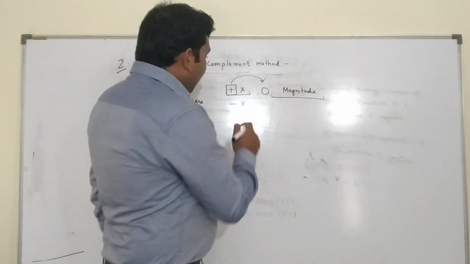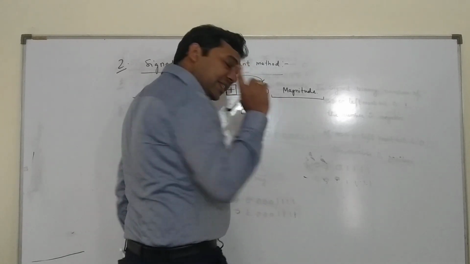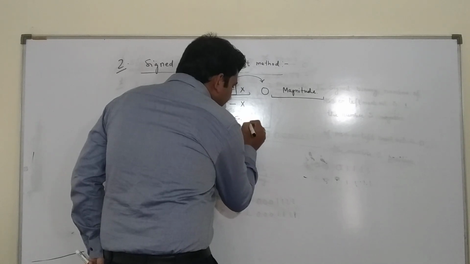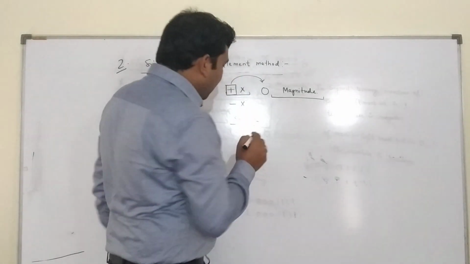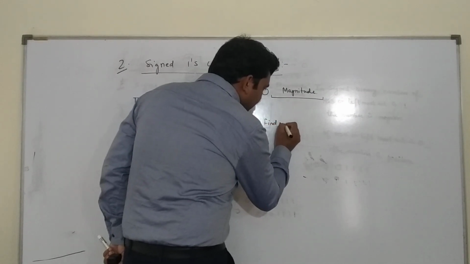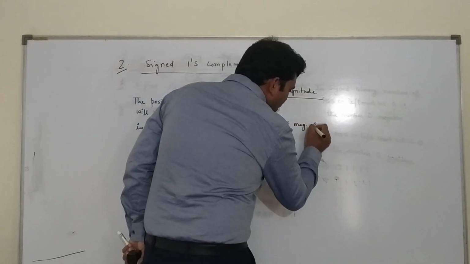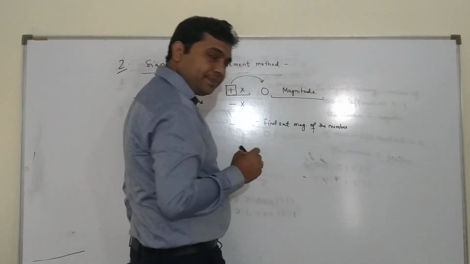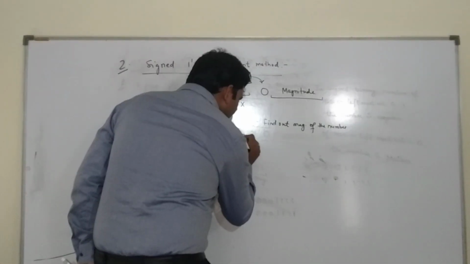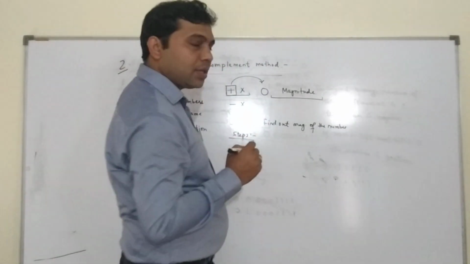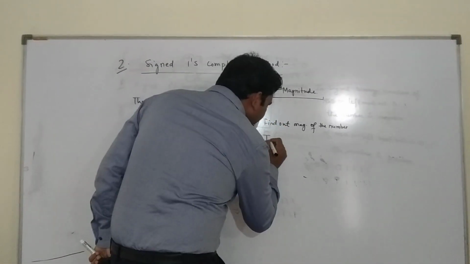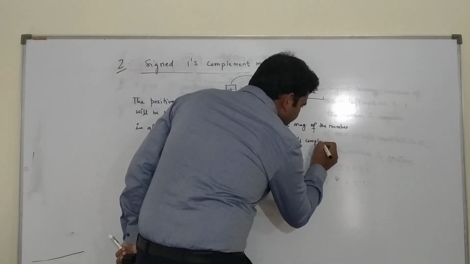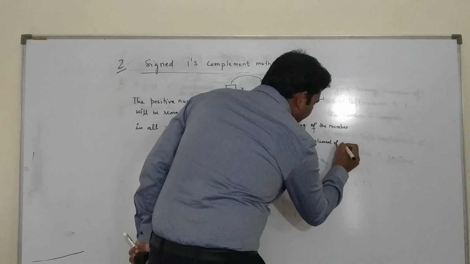Find out the magnitude of x. Step number 1, find out the magnitude of the number. Step number 2, take the ones complement of the magnitude.